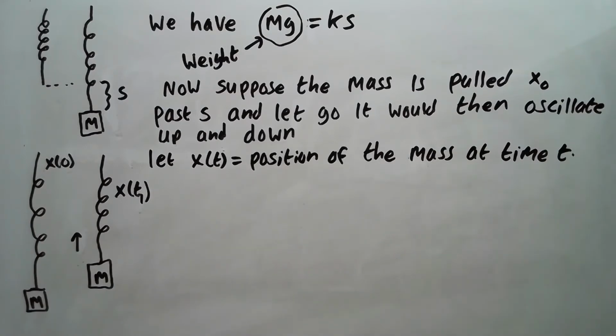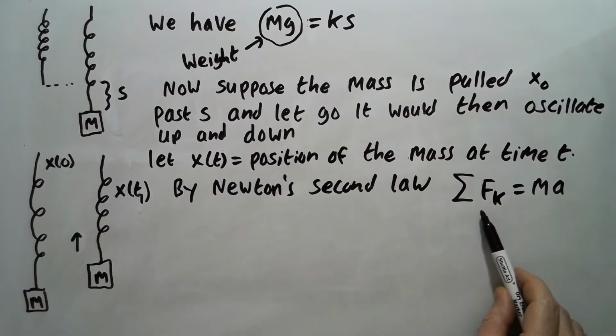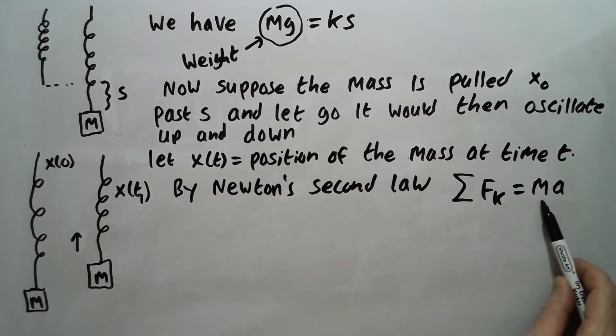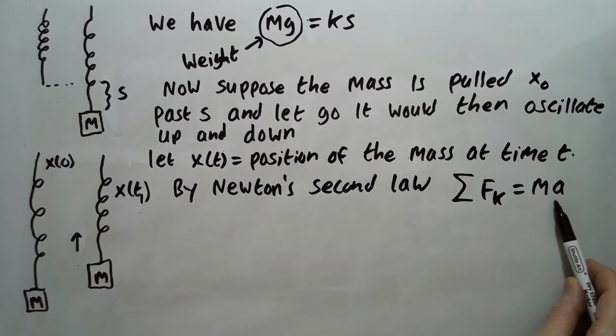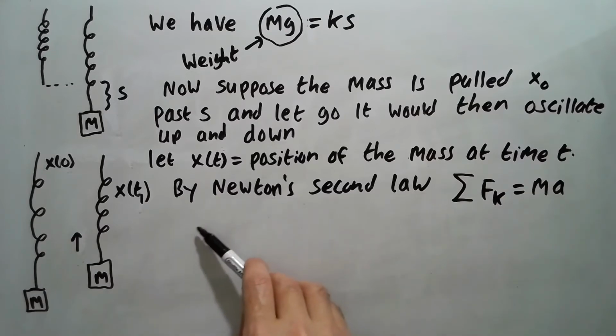Okay, so next thing, by Newton's second law, the sum of all the forces should equal mass times acceleration here. And the acceleration is the second derivative of position. Let's write that down here.